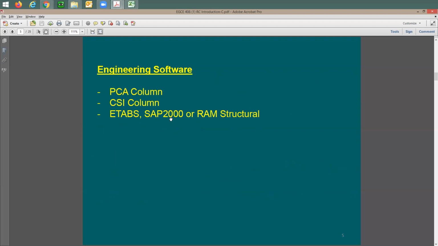SAP2000, lots of people, I'm sure you are starting to use it, and it can do structural analysis for you. Also, it can do some concrete design, or there is RAM Structural System. If you have access to any of this software, this is great. If not, we can do something about it, substitute with some other software and maybe some spreadsheets if you'd like to create one of your own.